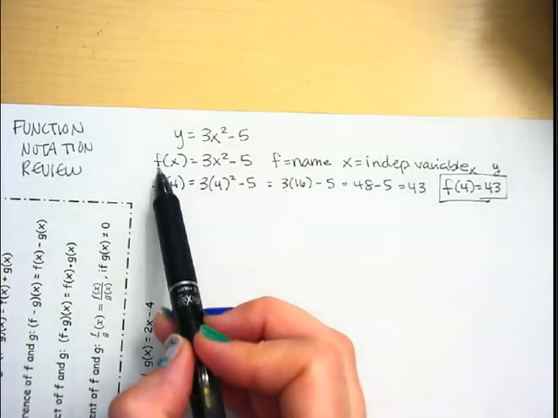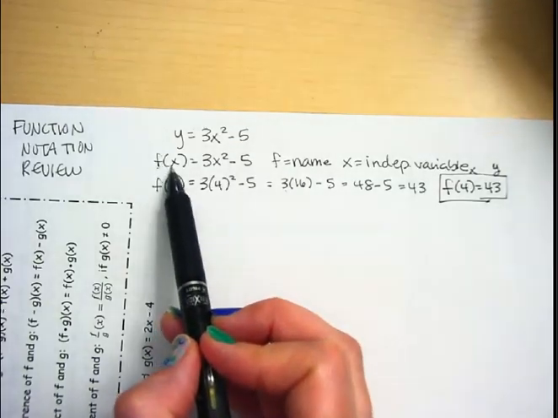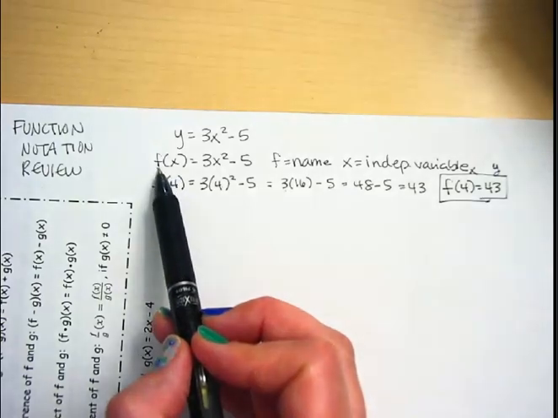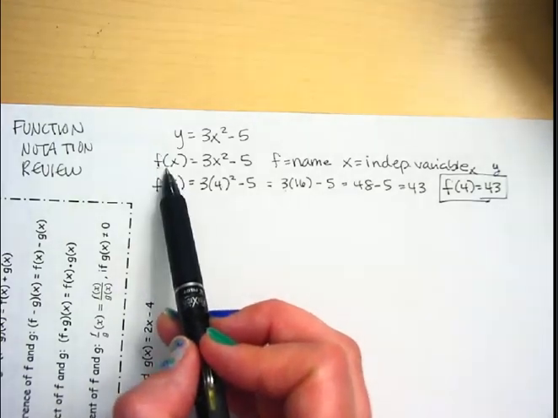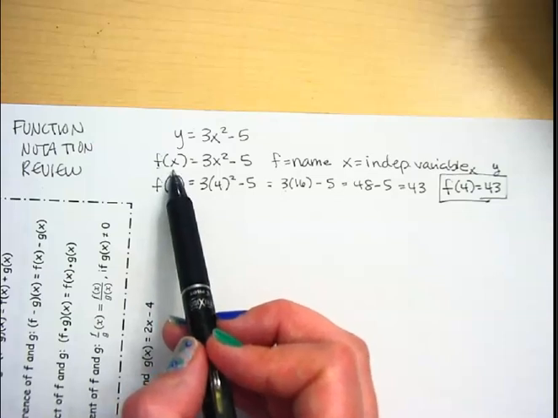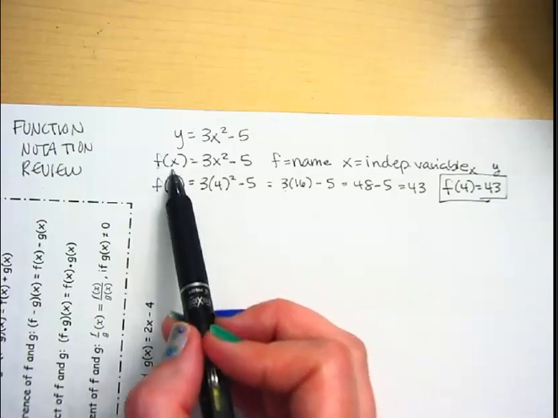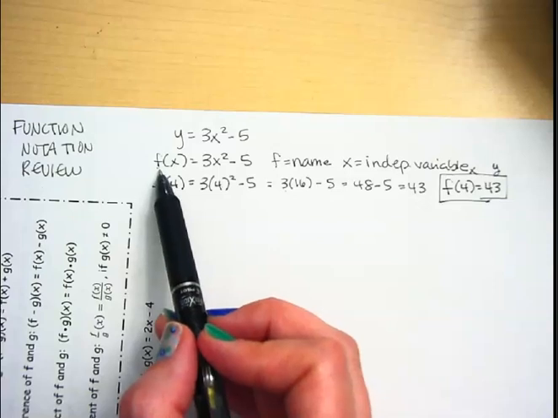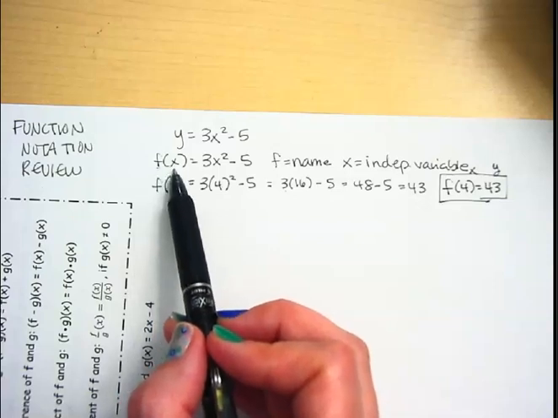So this does not mean f times x, although it kind of looks like f is a variable, x is a variable, and they're being multiplied. It's our job to understand in the context of the situation that this is function notation and that f is just the name of the function and x is my independent variable.